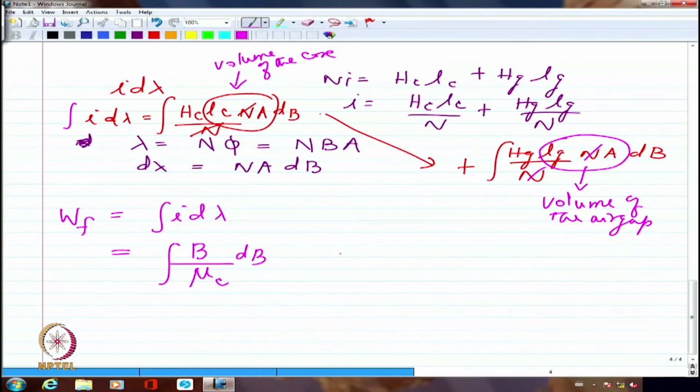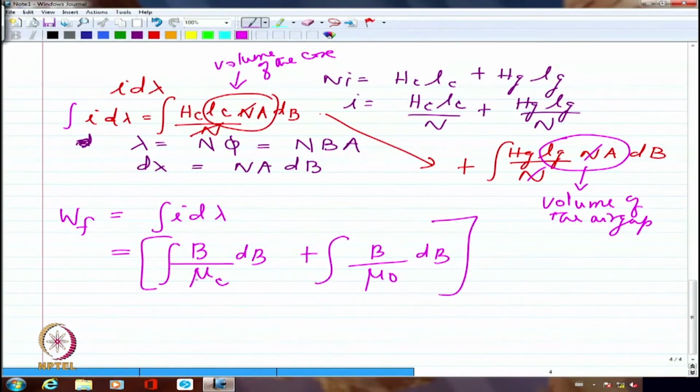Or I can retain it as Hc, but I have just replaced it by B by mu c. That's all. And the next one I can write as B divided by mu naught multiplied by dB. The whole thing multiplied by, of course, here I have to multiply this by the volume of the core, and I have to multiply this by the volume of the air gap.